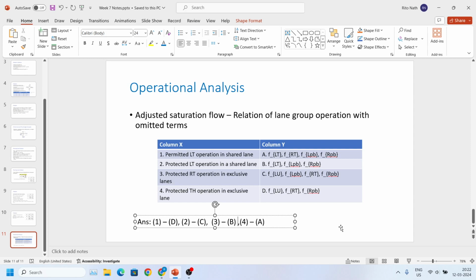I see more questions on planning level analysis mostly. Then, okay, let's solve this problem. It's maybe relevant.